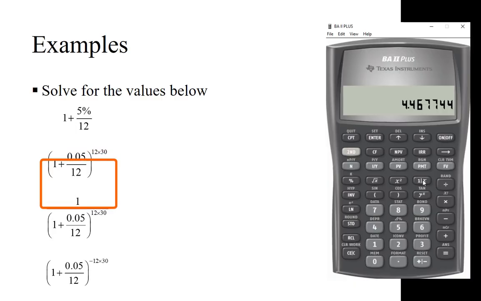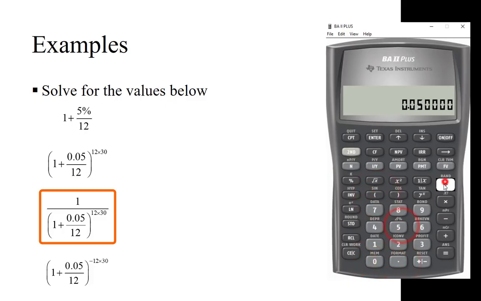Now, since we've already done all of that math, if we wanted to, we could simply take that value, hit the reciprocal function, and this would be the value of that third example, 1 over the quantity of 1 plus 0.05 divided by 12 raised to the 12 times 30th power. And just to be sure, let's go through that operation as well. So 1 plus 0.05 divided by 12.